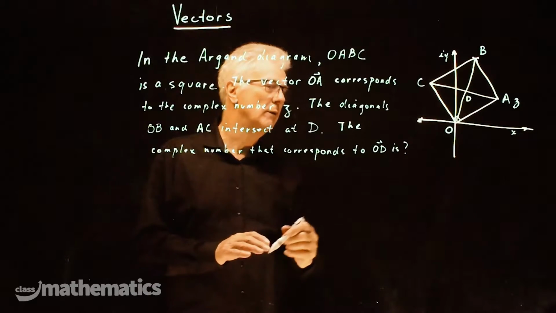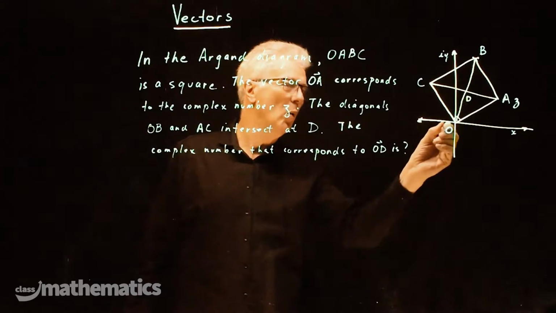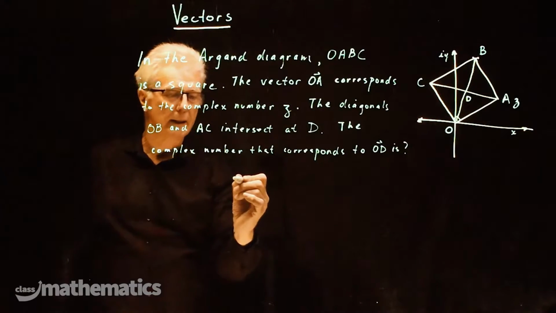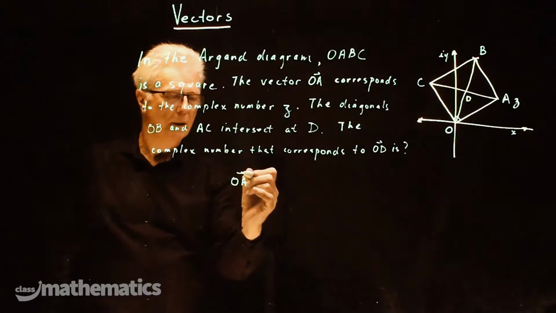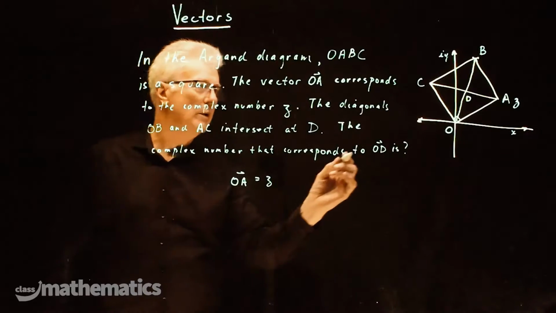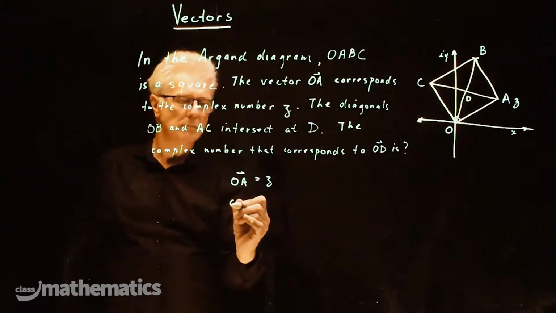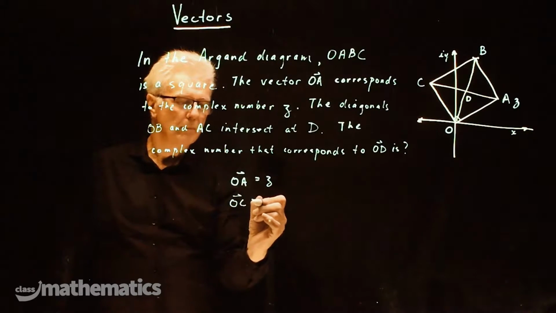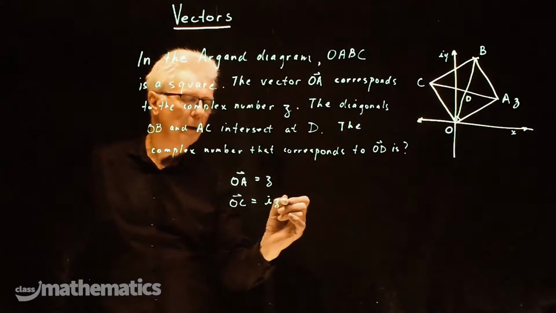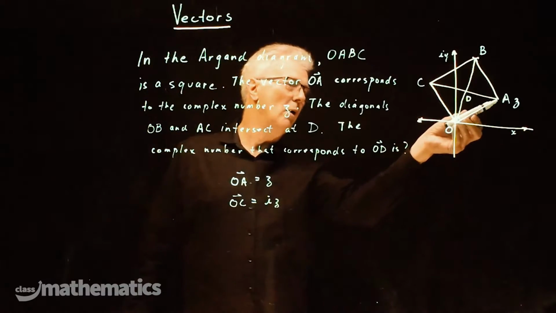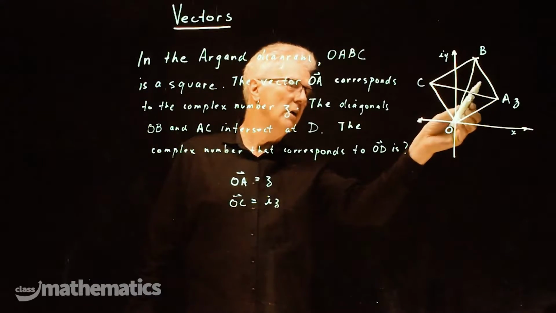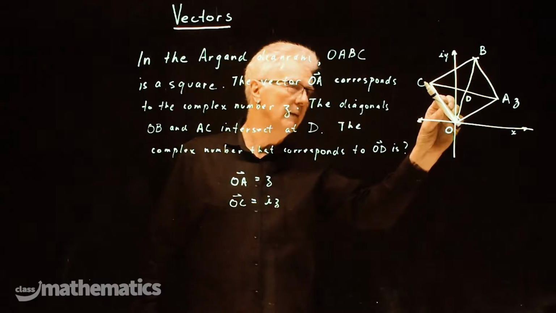Now, we know that if we call OA equals Z, then we know that OC must be equal to iZ, because multiplying by i causes a rotation of 90 degrees onto OC.